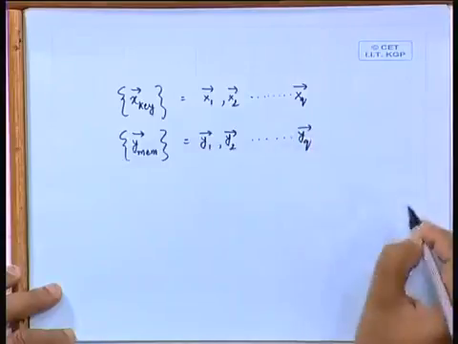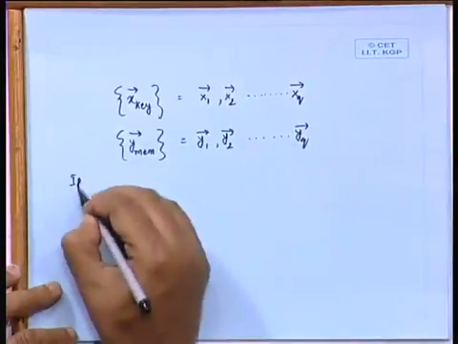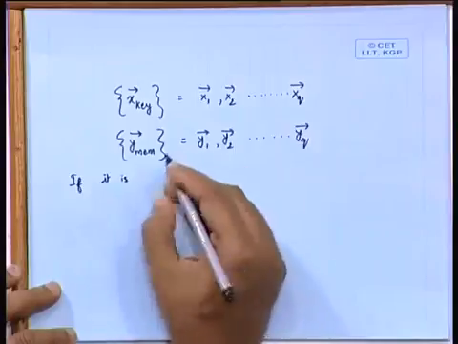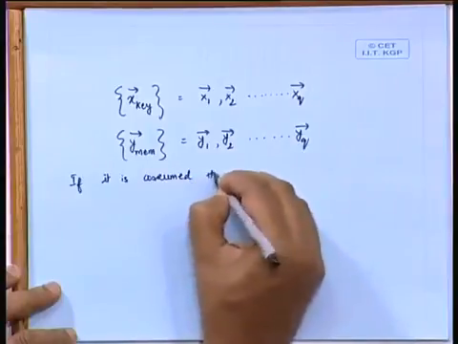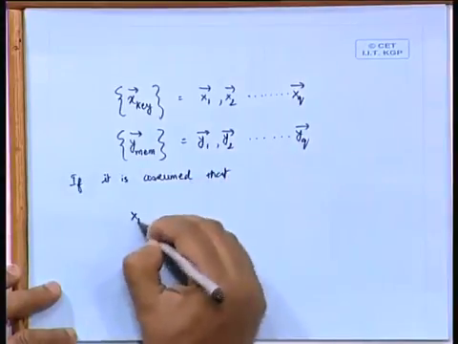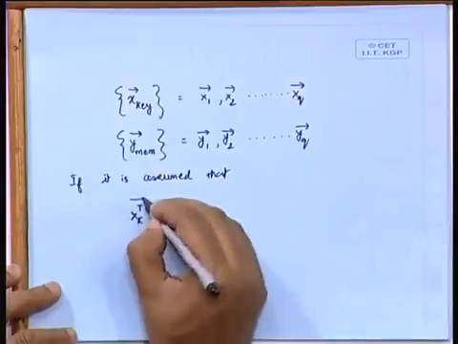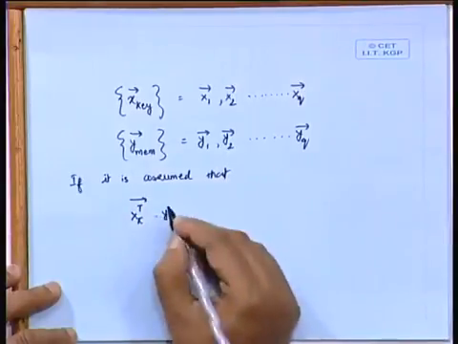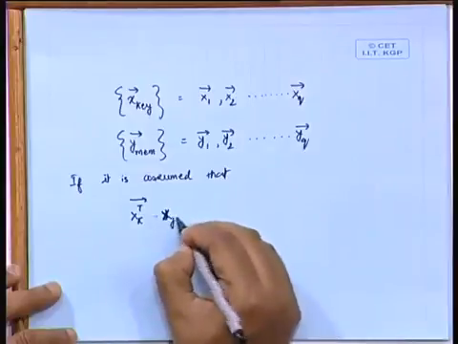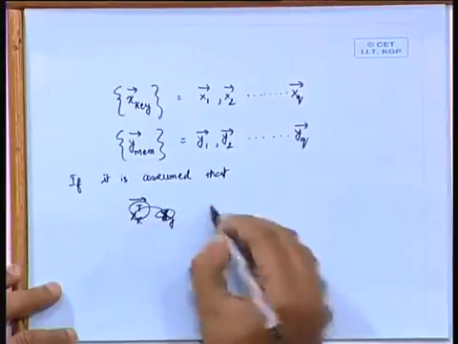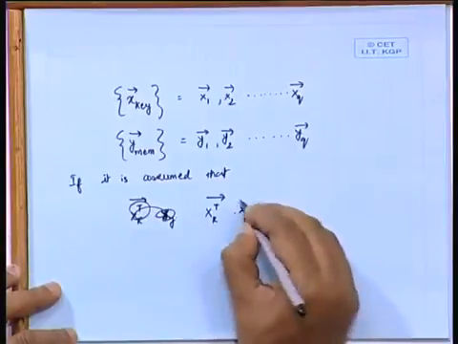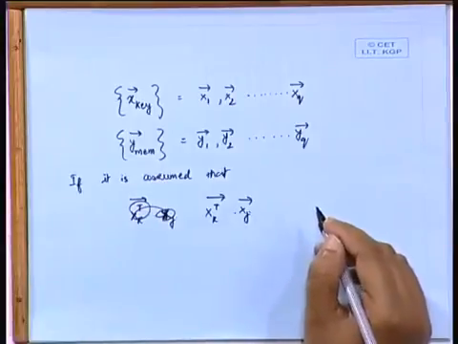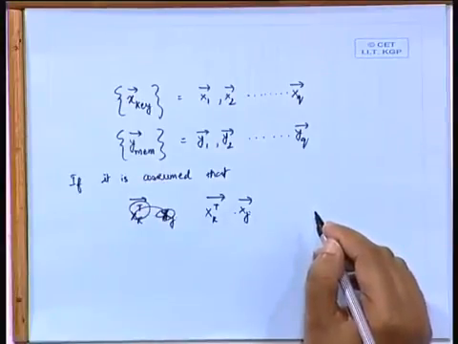Now, we have xk transpose dot product with xj vector. This we had assumed to be 0 when there was a perfect recall.